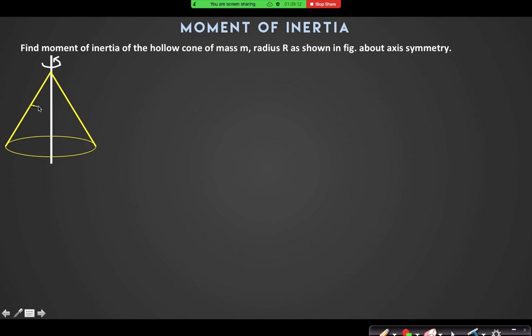Okay, so I will take a small ring here. Suppose I have taken that ring not at a height but at a depth, right? Suppose this is y, and this height is dy. And the radius of that ring is r.